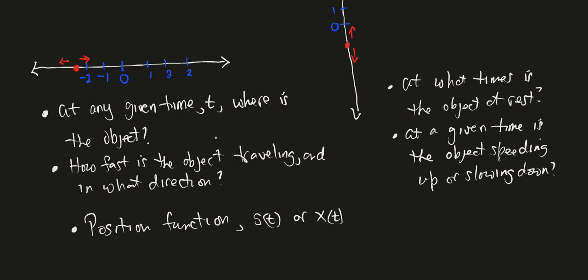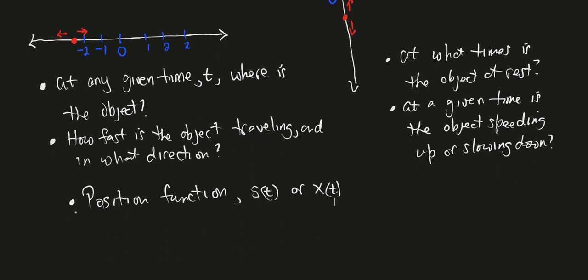So if you say where is the object at 2 seconds from when motion started, then I could plug t equals 2 into this position function. I will get a number, and then that number would correspond to where the object is along my axis. It doesn't matter if it's horizontal or vertical. This function answers the question of where, right? So that's pretty straightforward.